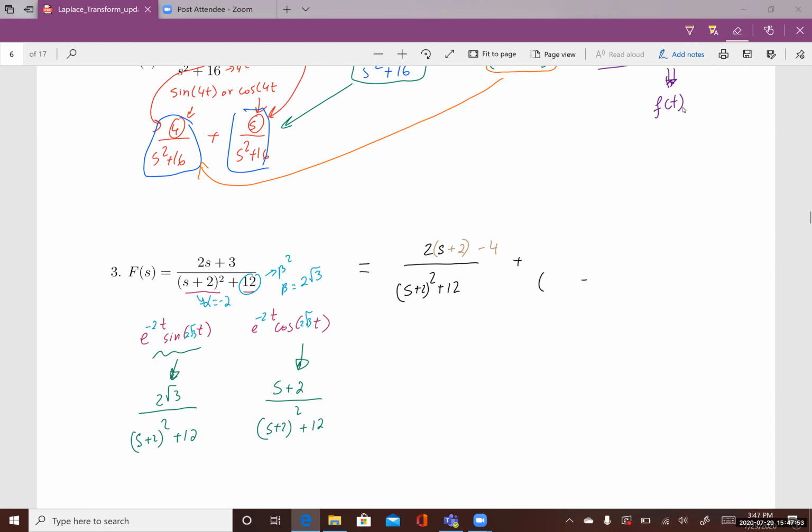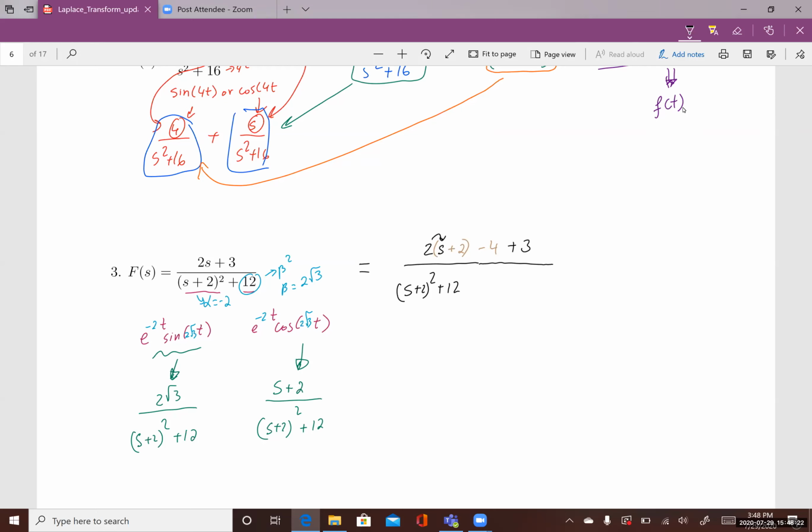Well, let's do it first then. I should put in the correct form first before I break it down into two different fractions, to see if it's going to be easier for you. So I have s plus 2 here. I need 2, so then it's 2 times s plus 2, and I added 4, so I have to subtract 4, so then it's equivalent, and I have plus 3 here.